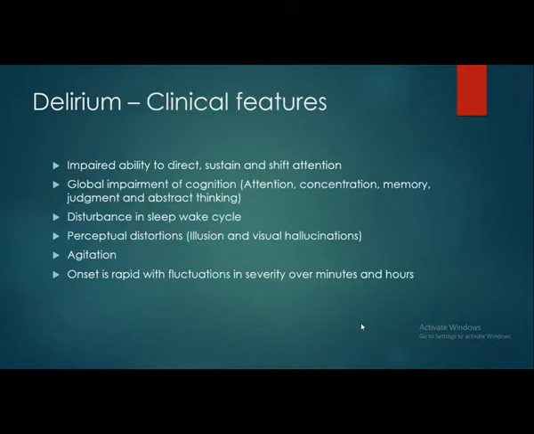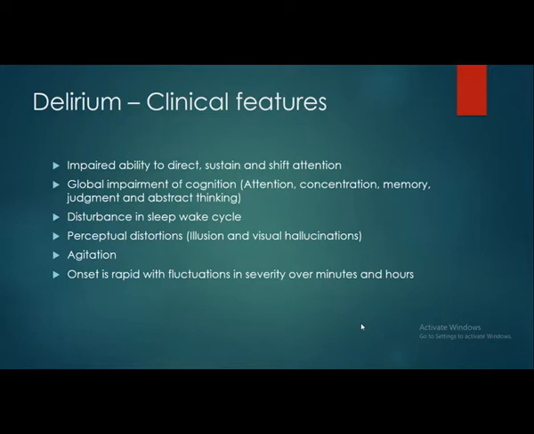Coming to the clinical features of delirium, there is impaired ability to direct, sustain, and shift attention. As we said, there are cognitive issues in delirium, so the person will have difficulty maintaining attention. Then there is global impairment of cognition.